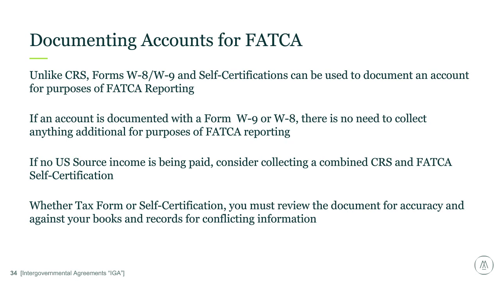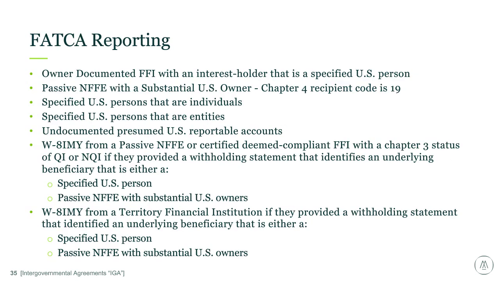All right, so this slide will give you a list of all of the different types of individuals or entities that are required to be reported for FATCA, whether it be an owner-documented FFI with an interest holder that's a specified U.S. person, direct accounts held by specified U.S. persons, or even undocumented presumed U.S. reportable accounts.